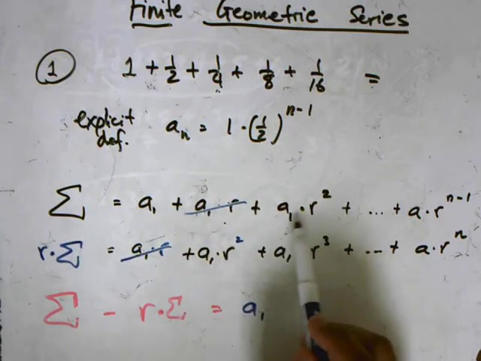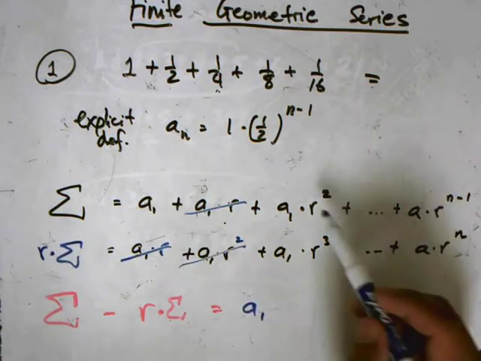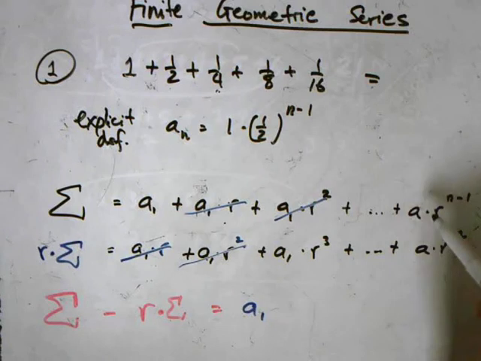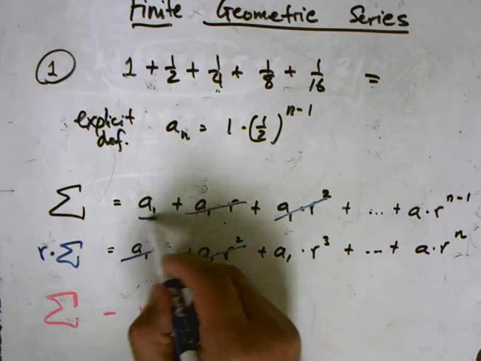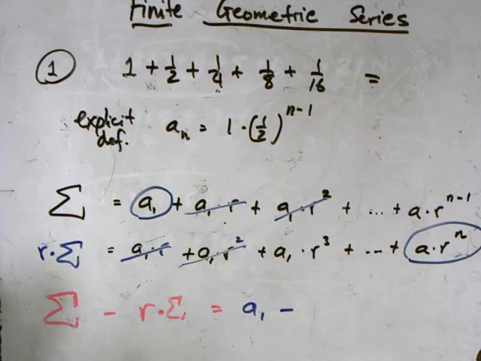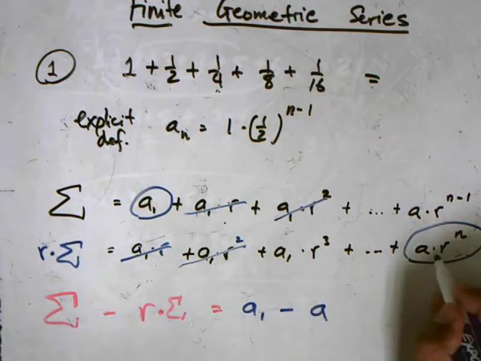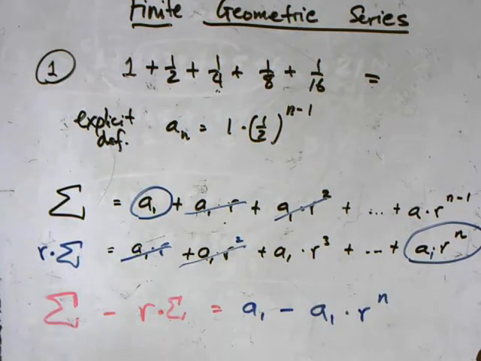I'm going to have a sub 1 times r squared minus a sub 1 times r squared, so these are going to cancel. There's also an a sub 1 times r cubed within this dot dot dot, and all these are going to cancel. The only thing left is this term here and this term here. This is going to be a minus because I'm taking the second series and subtracting it from the first. So this is the result that I have.